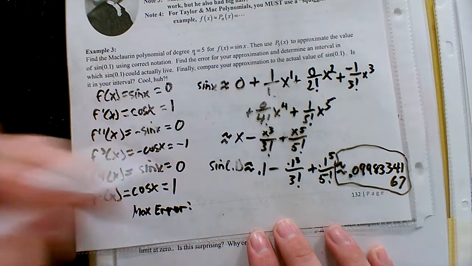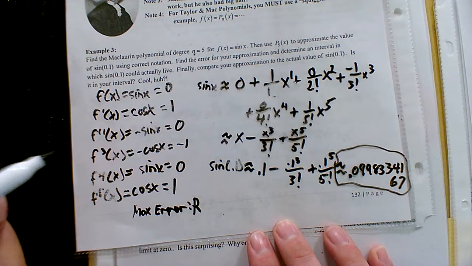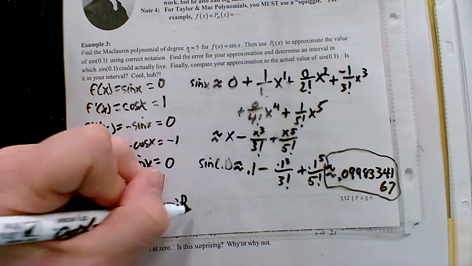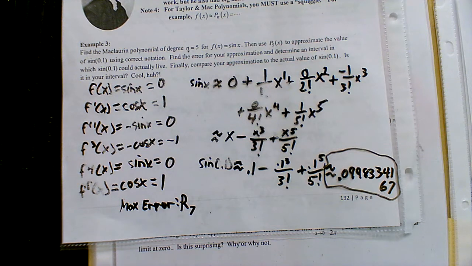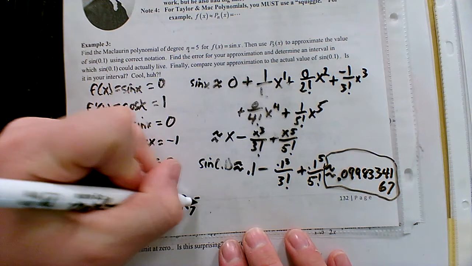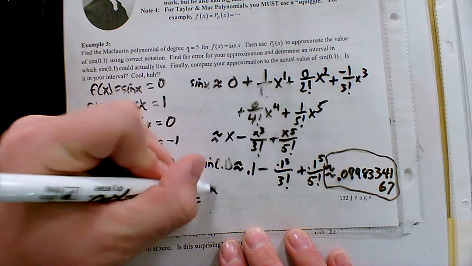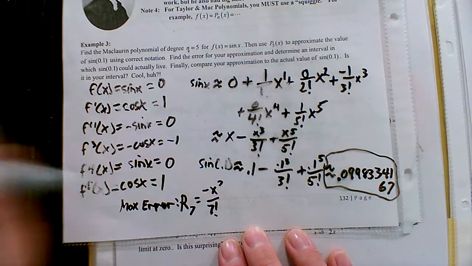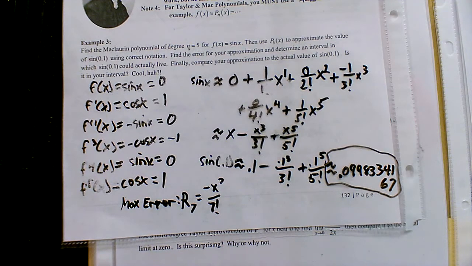So we want to find the max error, so R for the remainder or the error, of 7, because 7 is the next term. We stopped at n equals 5, but we need to find the error for the next term. And again, the next term would have been negative x to the 7th over 7 factorial, exactly what Abby had told us.